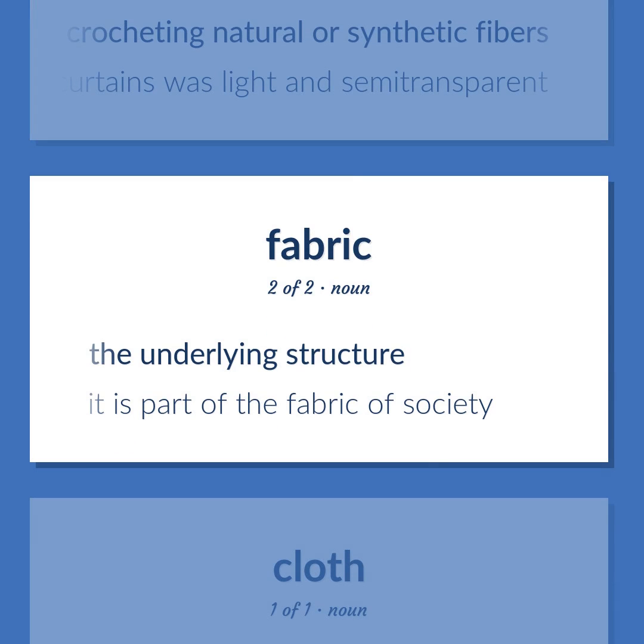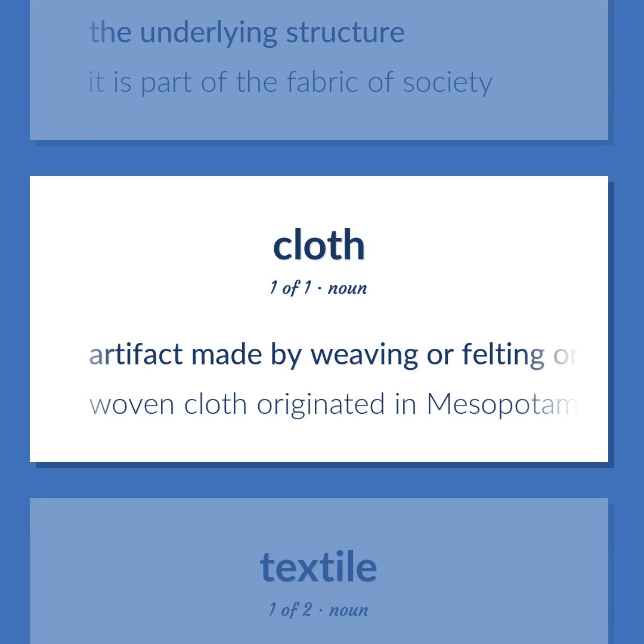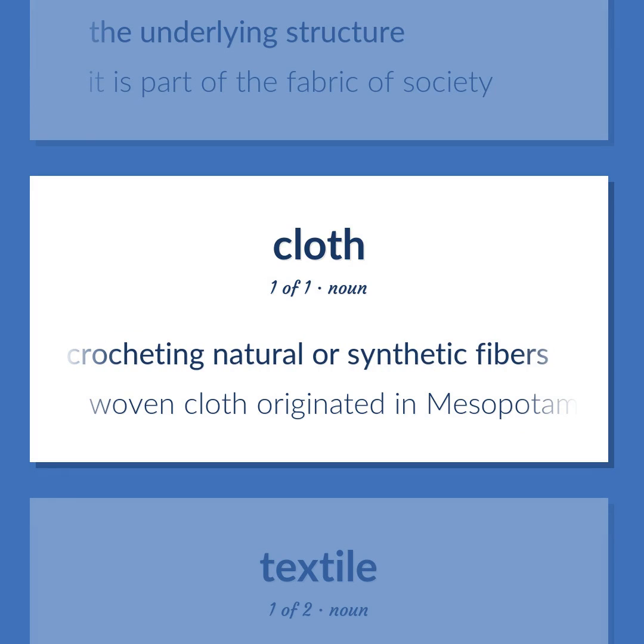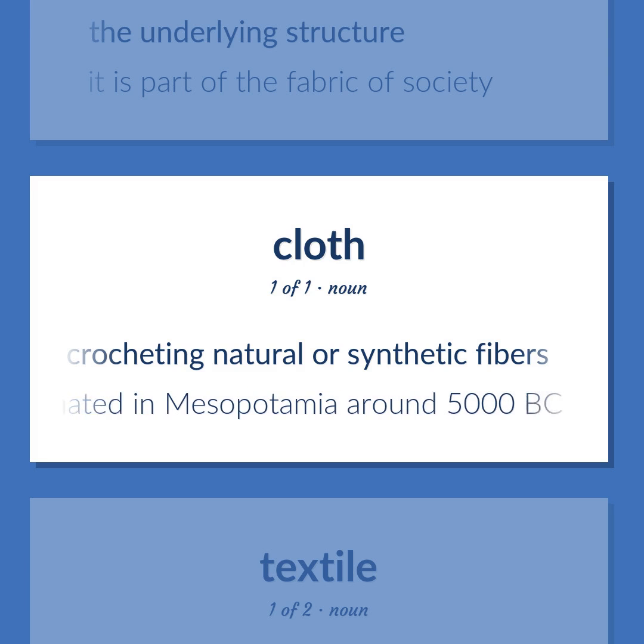The underlying structure. It is part of the fabric of society. Artifact made by weaving or felting or knitting or crocheting natural or synthetic fibers. Woven cloth originated in Mesopotamia around 5000 BC.